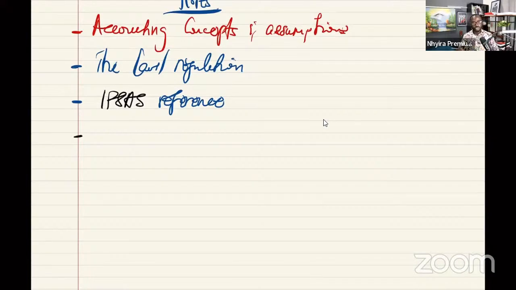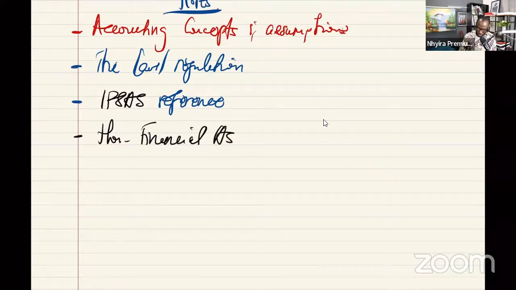We have to also disclose the notes on the way non-financial assets were accounted for in the notes to the financial statement. So how were the non-financial assets accounted for?